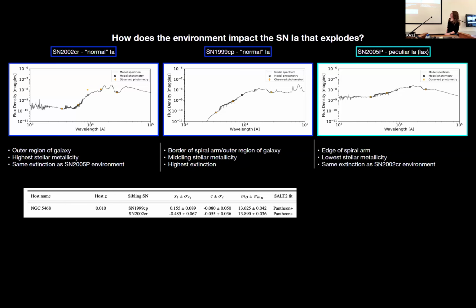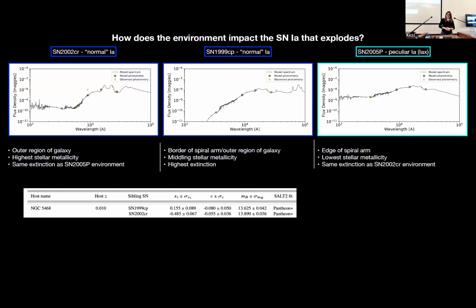And finally, some very preliminary analysis. I didn't want to share my exact numbers with you yet because they are still preliminary. But what you can hopefully see is that the Type Ia found in the very outer region of the galaxy has the highest metallicity. And you can see from its cosmological parameters, it has a very negative stretch value, which is what we expect.